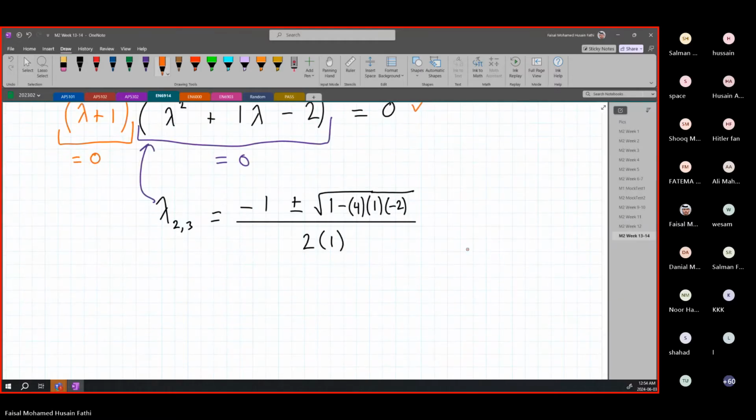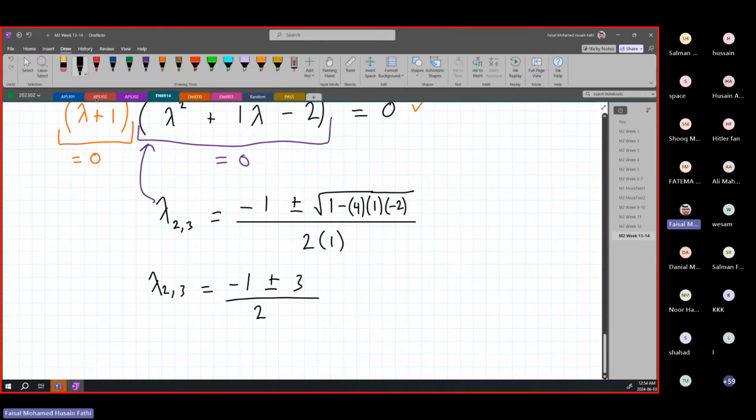Okay? Continuing, just doing the algebra, lambda 2, 3 is going to be, so minus 1 minus 4 times negative 2 is equal to 9. So minus 1 plus or minus the square root of 9, which is 3, over 2 times 1. If you notice, this was b squared minus 4ac.